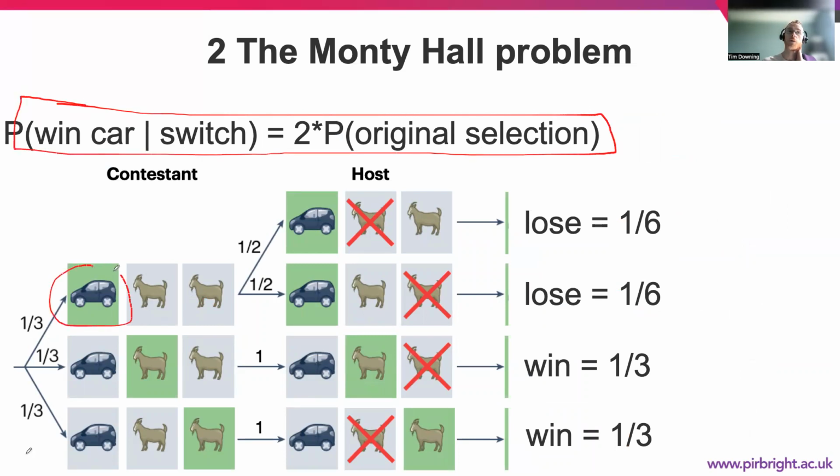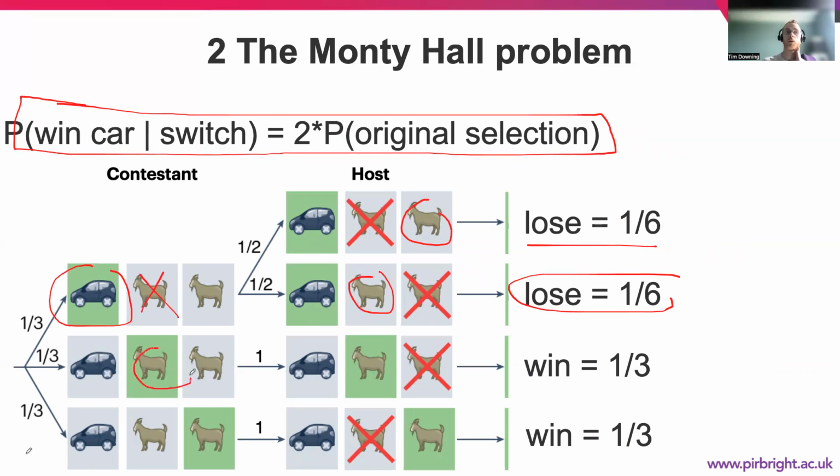If we choose the car first, a goat is revealed, and we switch to the other goat, our chance of that outcome is 1/6. If we choose the car at the start and switch to the other goat, and the goat is revealed, we get 1/6 again.